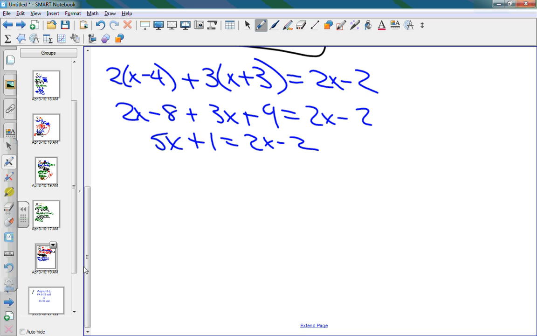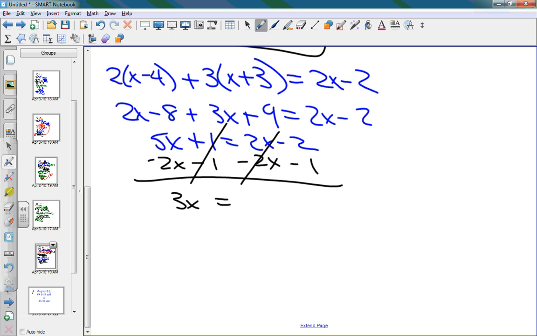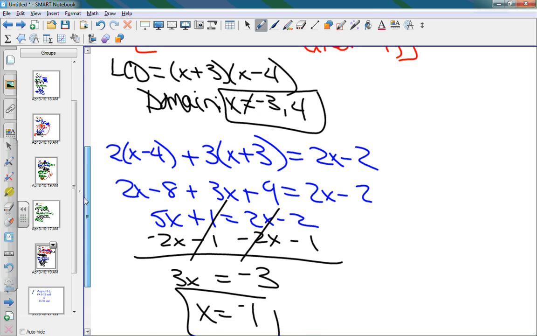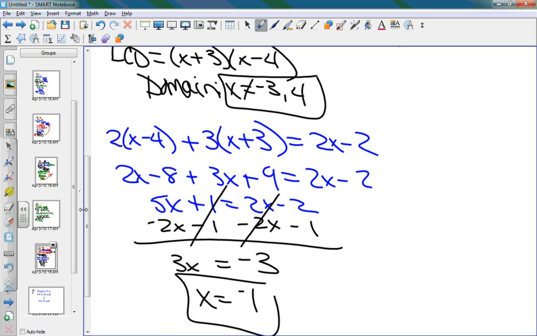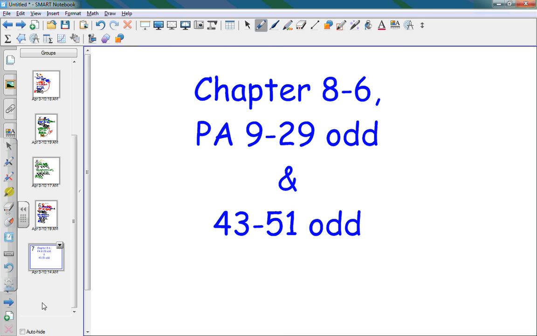Then you subtract 2x, subtract 1, I'm going to have 3x. That's gone, is equal to a negative 3. Divide by 3. X is equal to negative 1. Is that possible? Yes. Check my restrictions. Yeah. We be rocking. There's your homework for tonight.